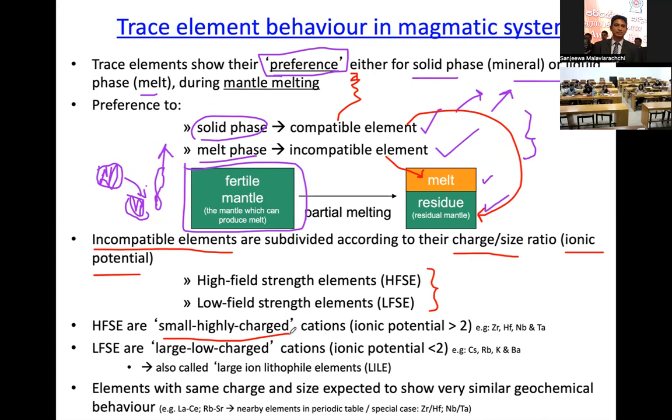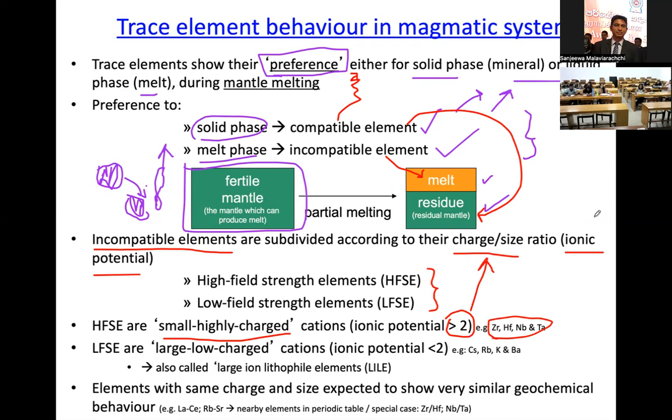Some examples are here: zirconium, hafnium, niobium, tantalum. Remember in the previous diagram, here, we categorized them into groups. High field strength elements: zirconium, hafnium, niobium, tantalum. That is because of their ionic potential.